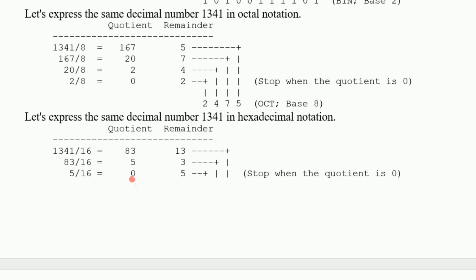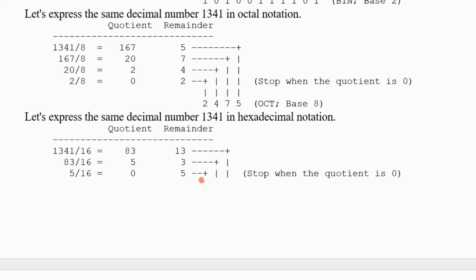So first we divide the number by 16, keep the quotient, and take the remainder. Again, here 83 by 16, we take the quotient and keep the remainder. Again we take 5 by 16, and the quotient is now 0.